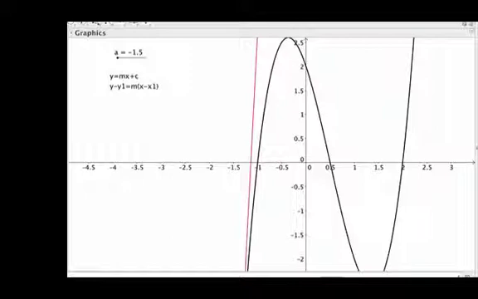Let's have a look at the tangent at the different points along the curve. The tangent is this red line.